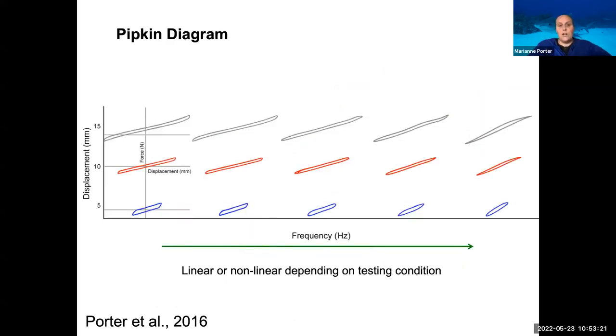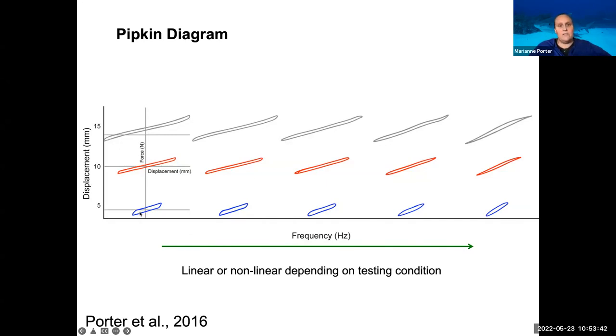So if we just look at what a lot of my curves look like after doing experiments, we have increasing frequency along the x-axis and increasing displacement along the y-axis, and then each of these curves, we've got force and displacement.